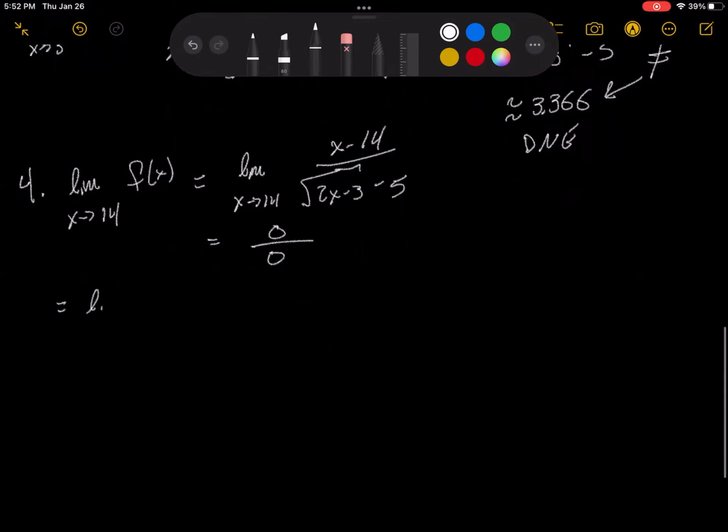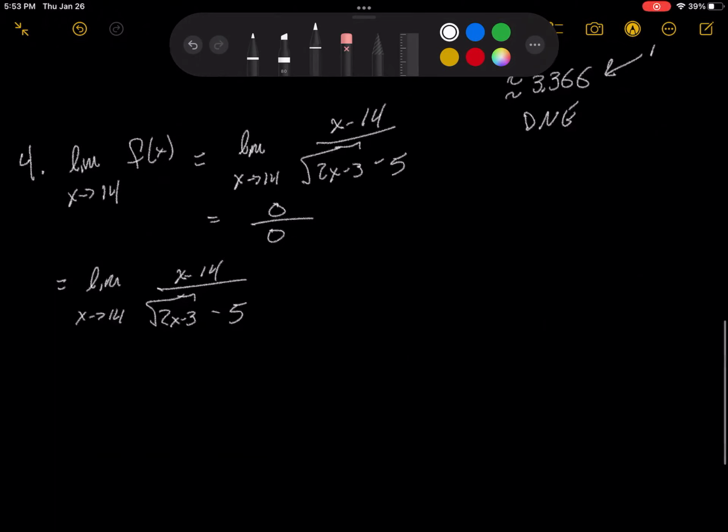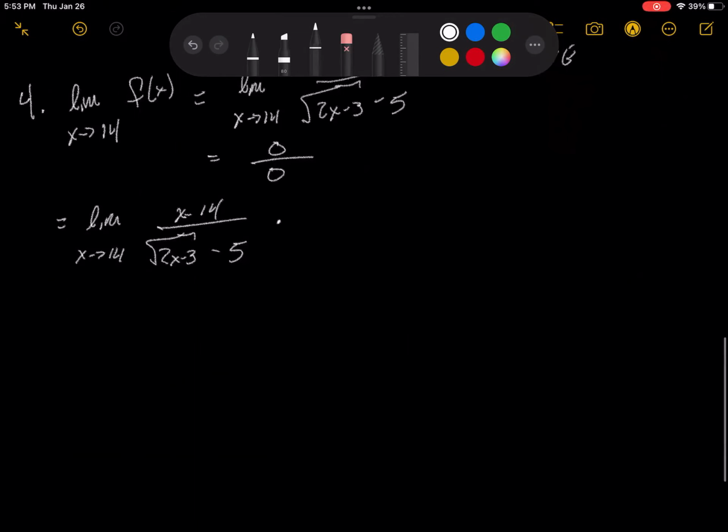So we try again. Limit as x goes to 14 of x minus 14 over the square root of 2x minus 3 minus 5. Now I can multiply this function by 1, thus not changing it. And I'll multiply by the square root of 2x minus 3, now plus 5, on top and bottom.